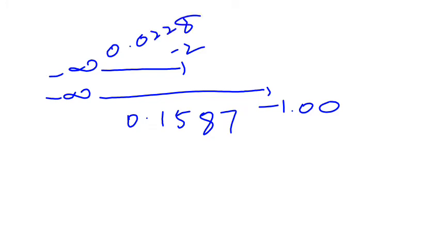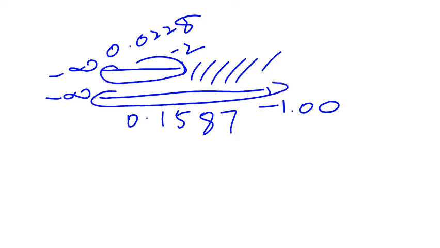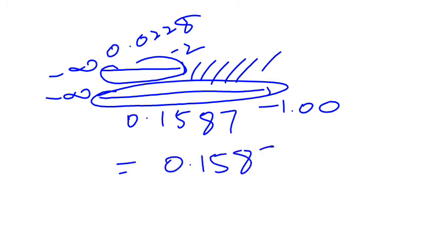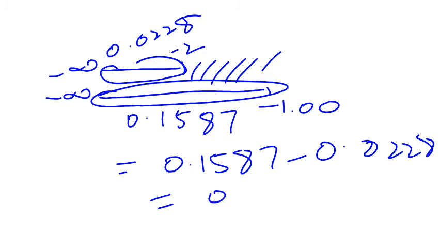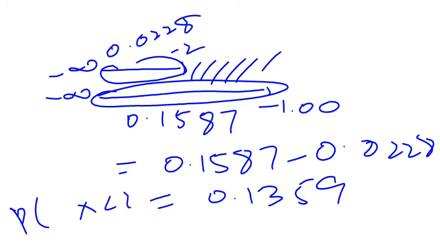We need this area, so we subtract this area from this area, which means 0.1587 minus 0.0228, so it is 0.1359. This is the probability that x is less than 8 and greater than 6.